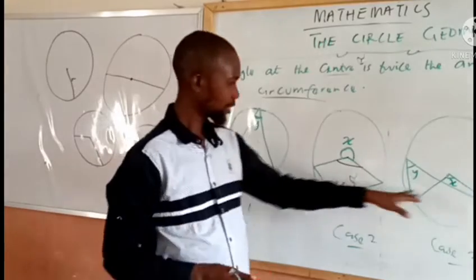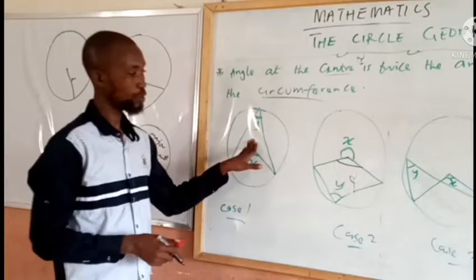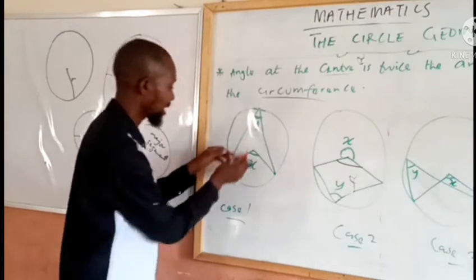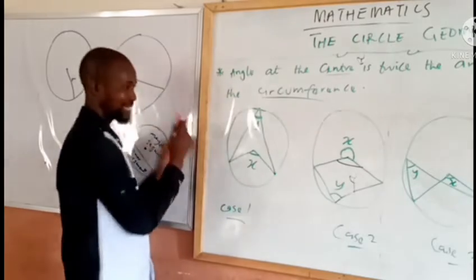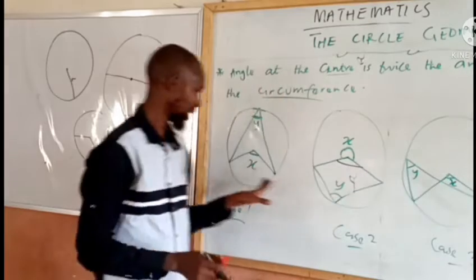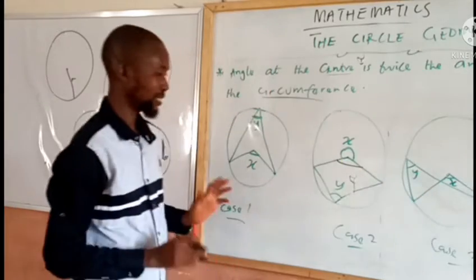And lastly, this one, when we observe it, we see that it's more or less the same thing as the first one, only that instead of having my angle at the circumference directly above the angle at the center, we have it at the side here. So this place still remains the center, while this place remains the circumference.